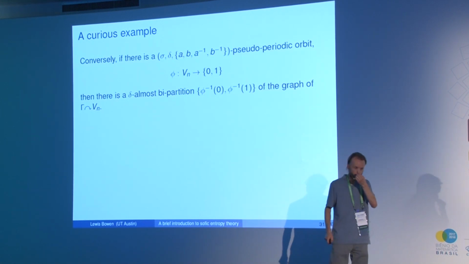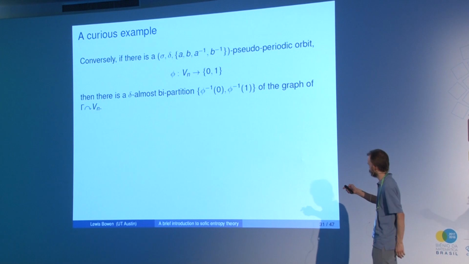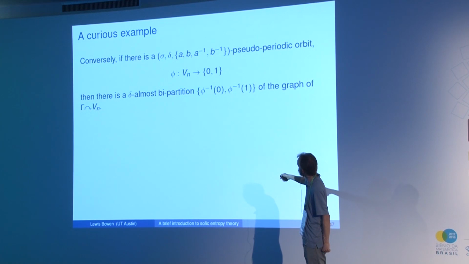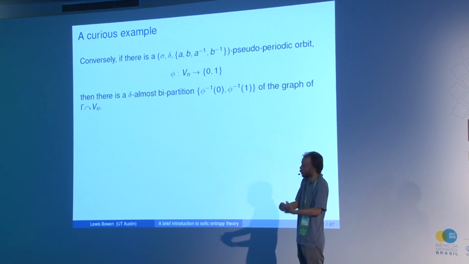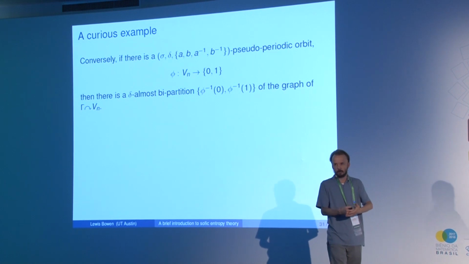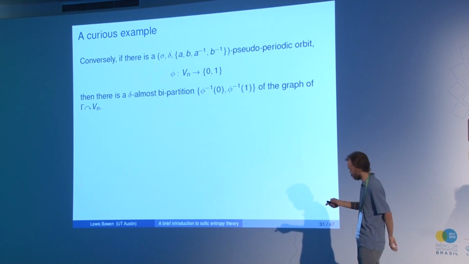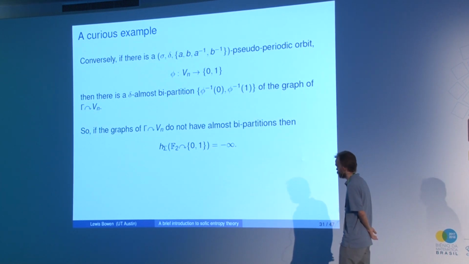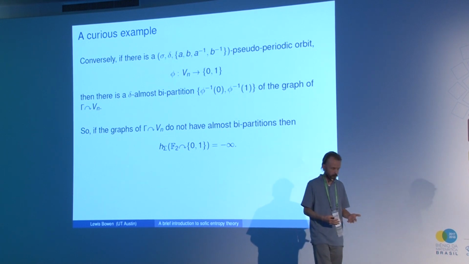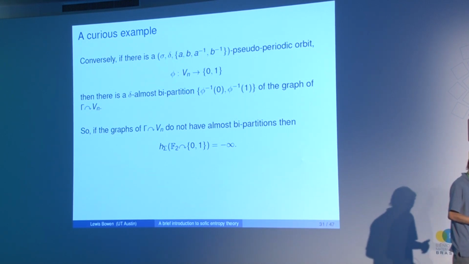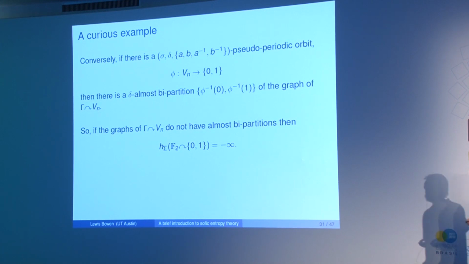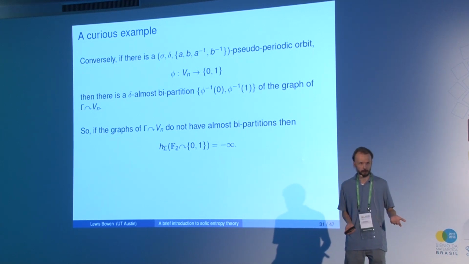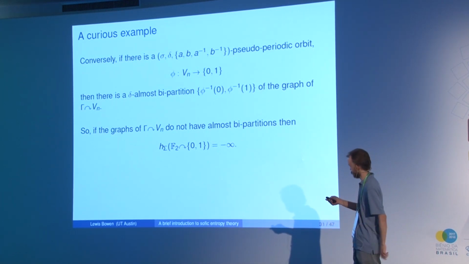On the other hand, if we have one pseudo-periodic orbit, if delta is kind of small, and we just take this for our finite set, the set of generators, then we have an almost bipartition of our Sofic model. And so in particular, if the graphs of our Sofic models are not almost bipartite, then there are no pseudo-periodic orbits at all, and log of 0 is minus infinity. So the entropy is minus infinity.